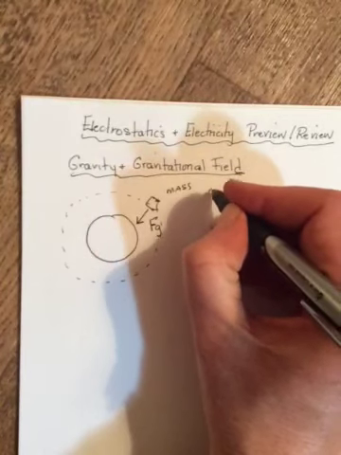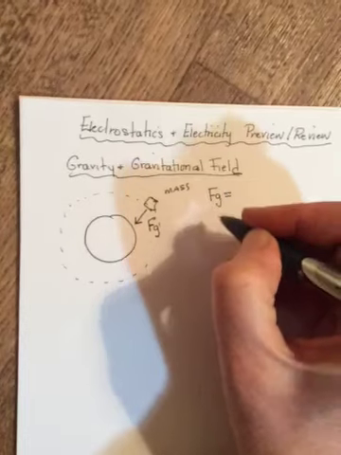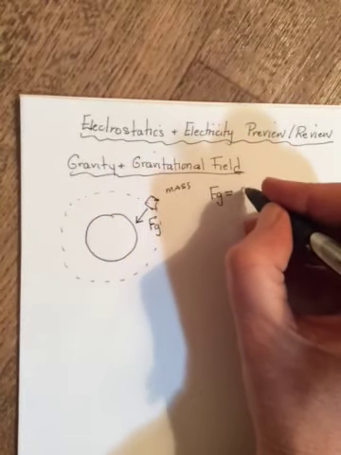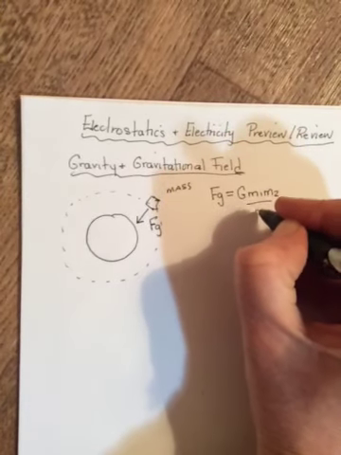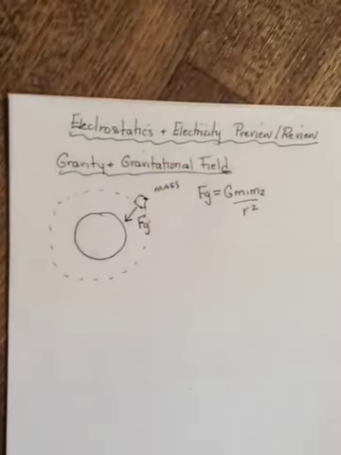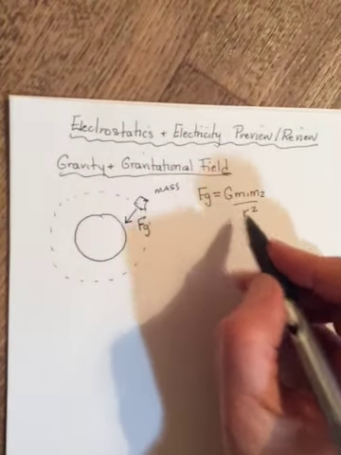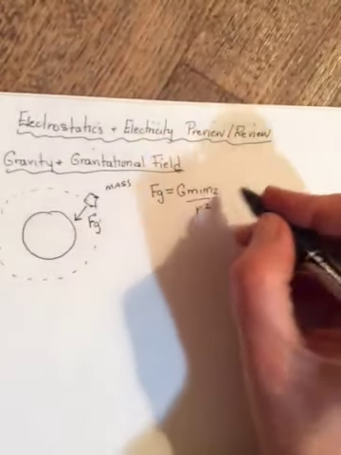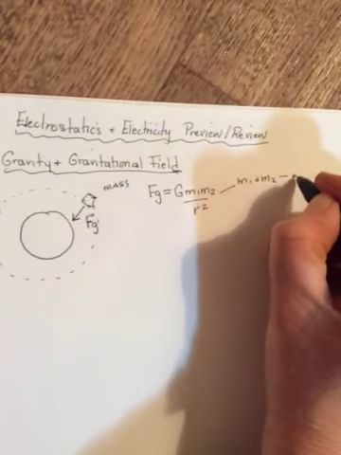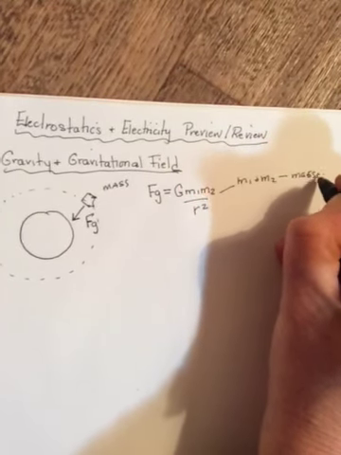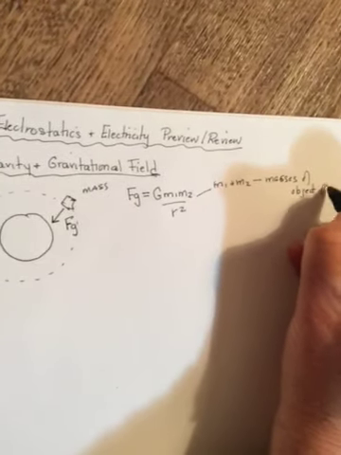Now, if you had me for grade 11 physics, then I would have shown you the big equation for gravitational force. It's Fg = G m1 m2 over r squared. You would remember that m1 and m2 are the masses of the two objects, of course in kilograms.